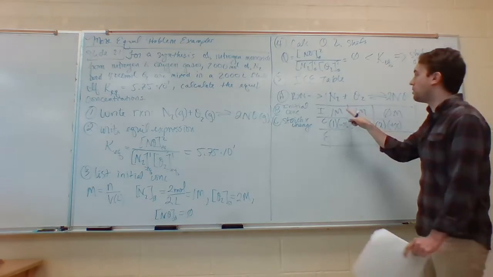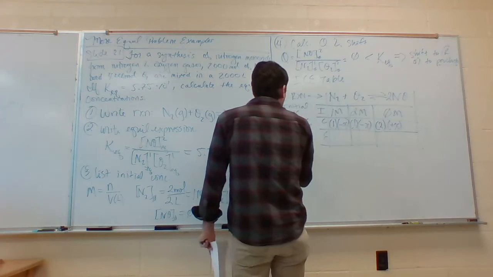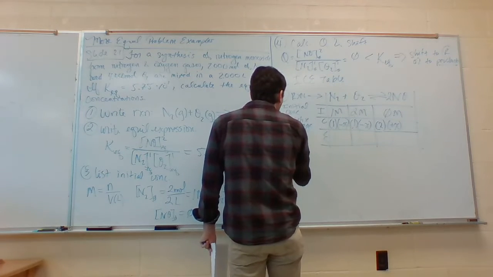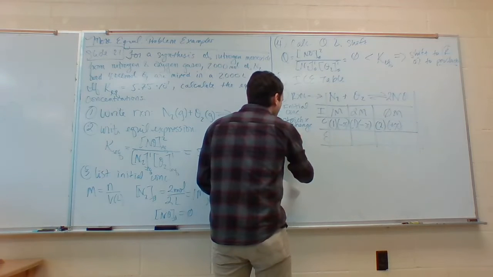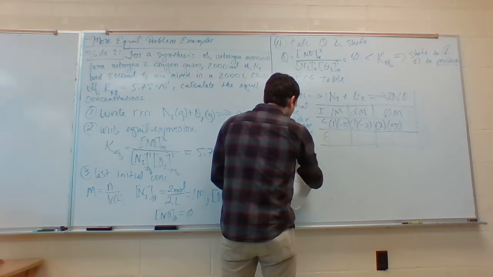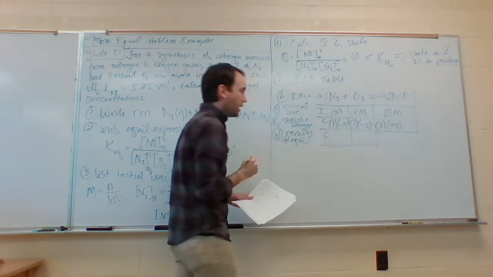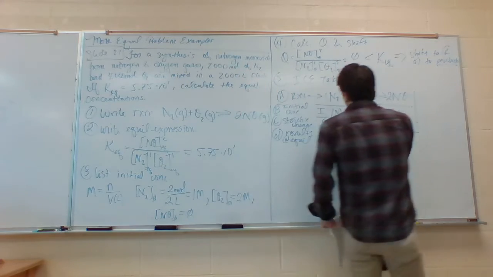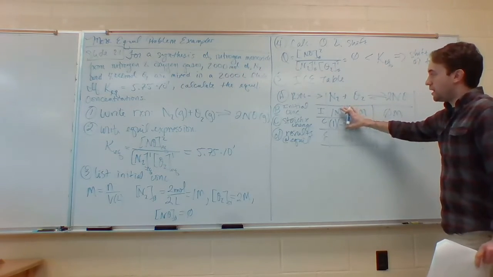All right? So now, in step D, right, we write our results at equilibrium, okay? So that's going to be the sum of these 2 rows.